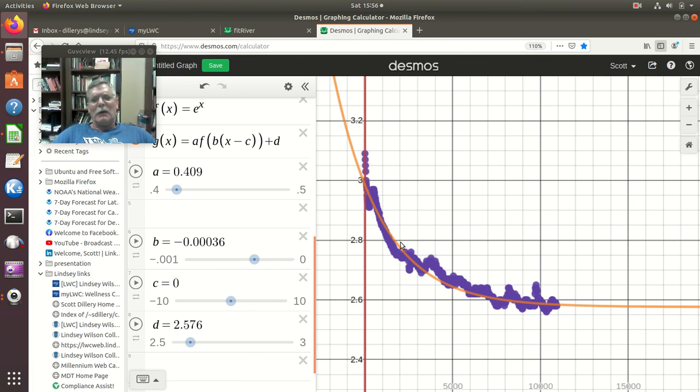So partly because I've looked at it a little bit, but here we're just looking at something else. Water is dropping in a river after a big rain, and what we see is there appears to be an exponential decay at work.